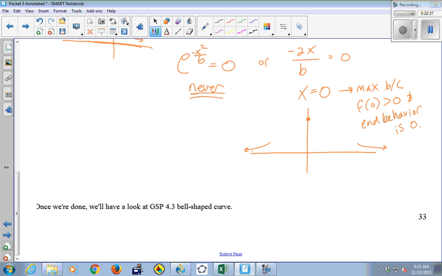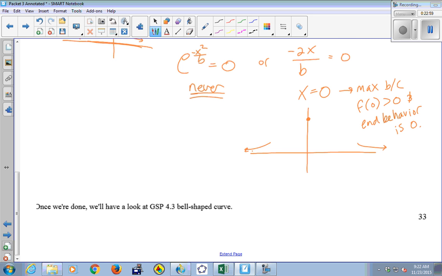Another way we could tell that that was a max would be to take the second derivative. If the second derivative at 0 is positive, the function's concave up, which means it would be a min. If the second derivative at 0, the x value in question, is negative, the function's concave down, and you'd have a max.